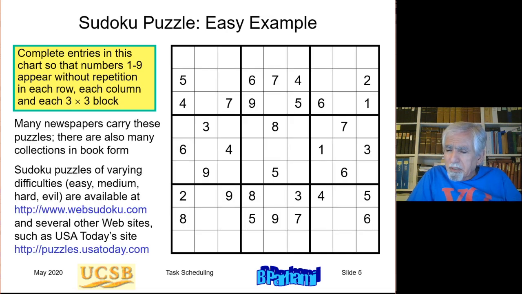So Sudoku puzzles, the 9 by 9 standard variety, come with different levels of difficulty, from very easy to extremely hard. And generally speaking, although this is not a rule, the easy puzzles have more entries specified at the outset. That's sort of a clue or a sign that the puzzle is easy.